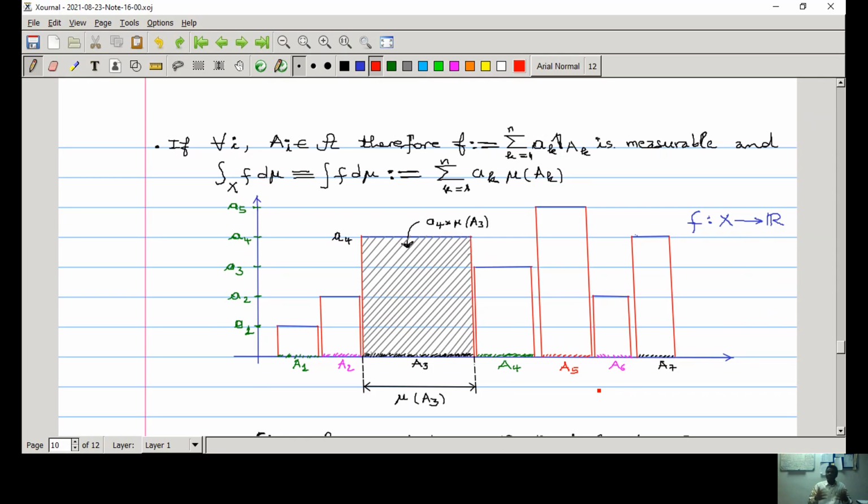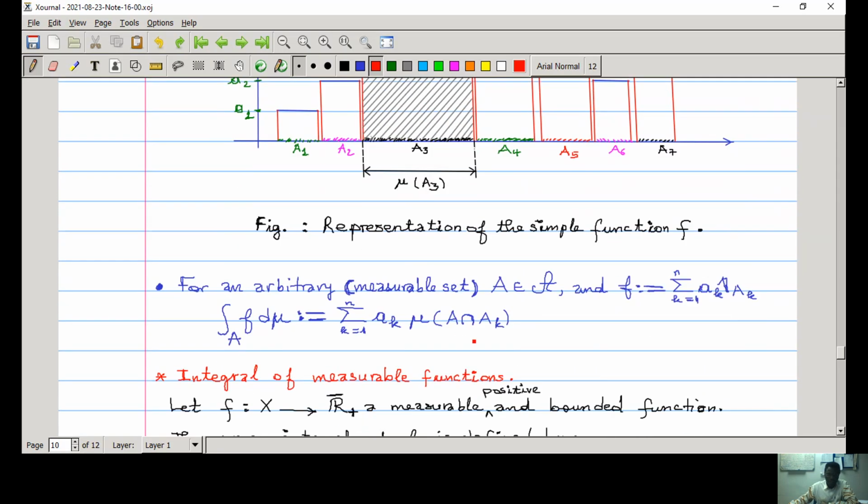Obviously, if the value is 0, we don't include it because it does not contribute to our integral. So our A k here are the non-zero values. Now if you sum all these, it will give us the integral. So by definition, that's our integral, and we can use that definition to show that this is linear.